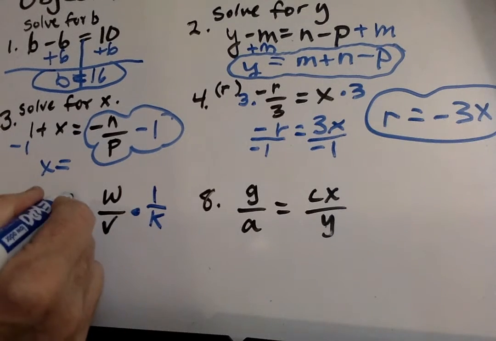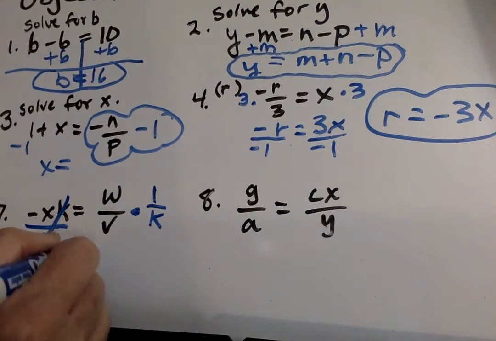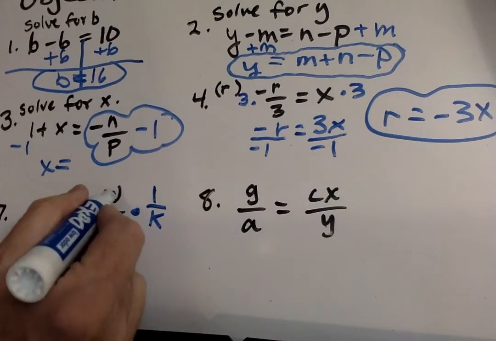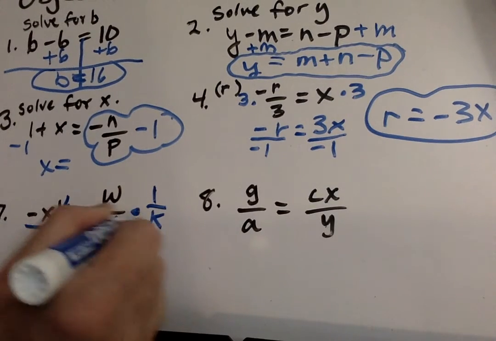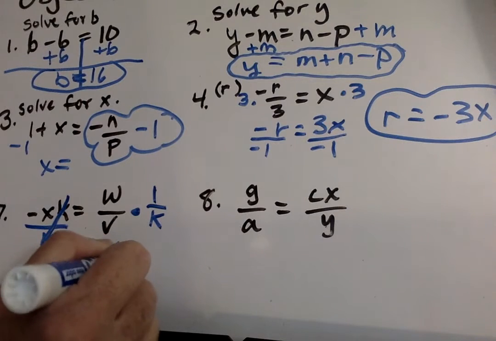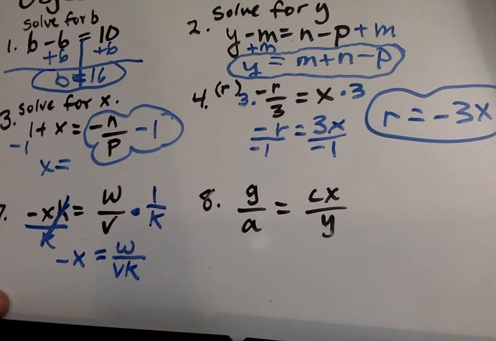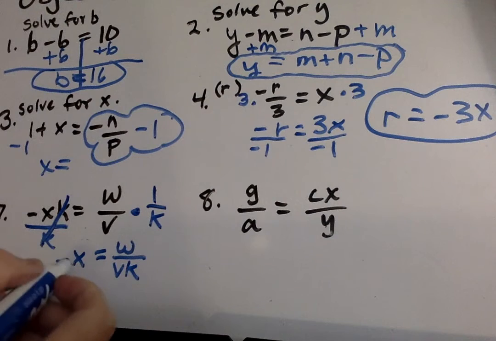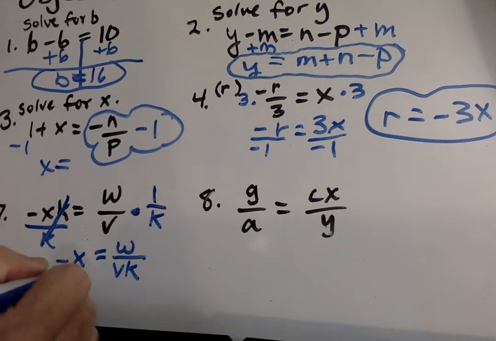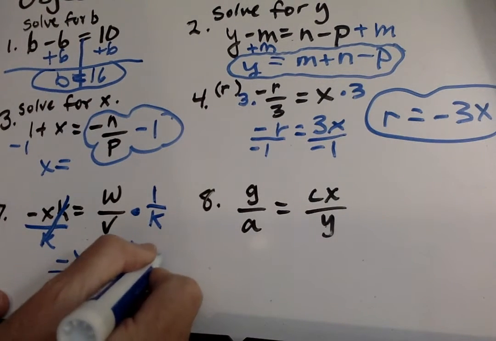Okay. So I can cross that out. Now I have negative x equals w times 1 is w, v times k is vk. And now I can divide by negative 1. Again, that's the same as multiplying by the reciprocal.